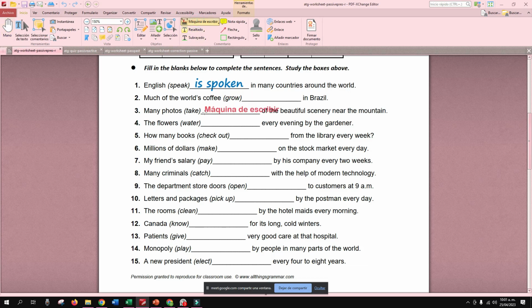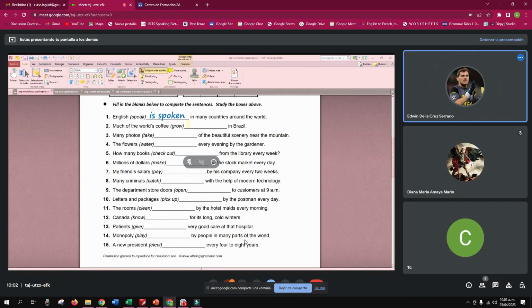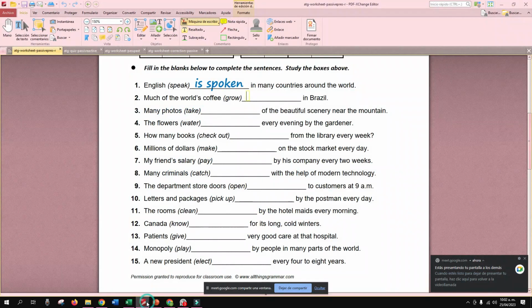Let's see the second one. Much of the world's coffee, which could be that one. Was or is? Edwin? Is. Which could be the past participle of grow? You have grow, grew, and grown. Yeah, it would be that one. So much of the world's coffee is grown in Brazil, right?